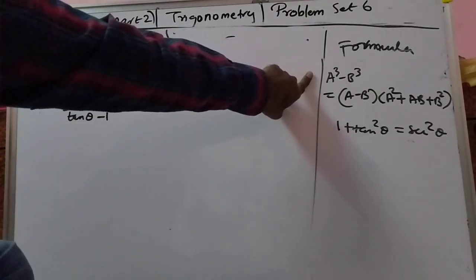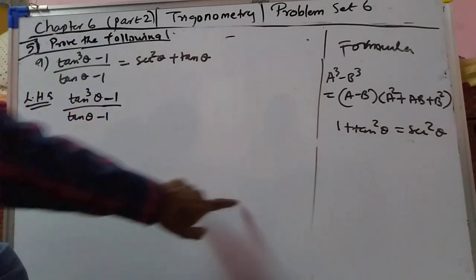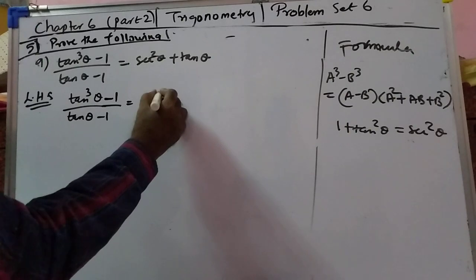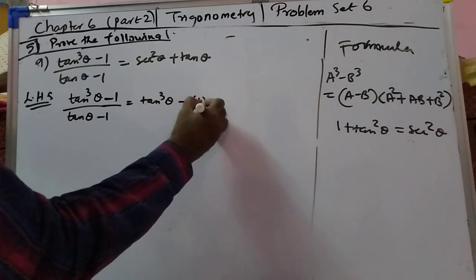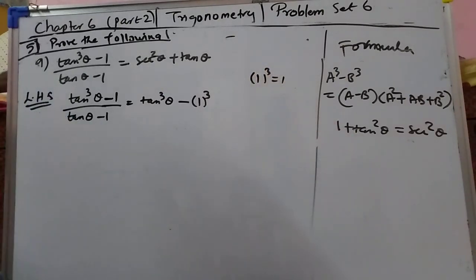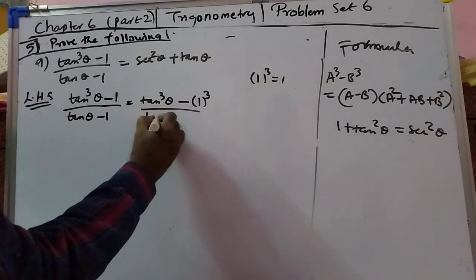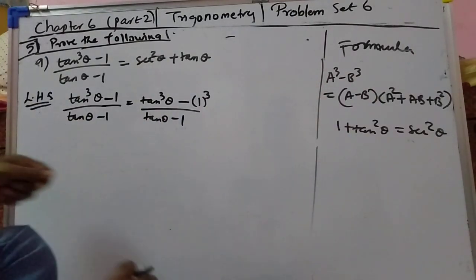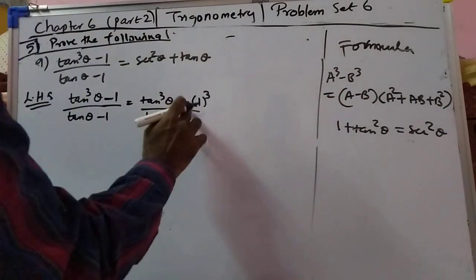So this is the formula you have to use, and this is another formula. So write it like this. Take 1 cube. 1 cube is 1. Write it like this. Okay, now apply this formula.